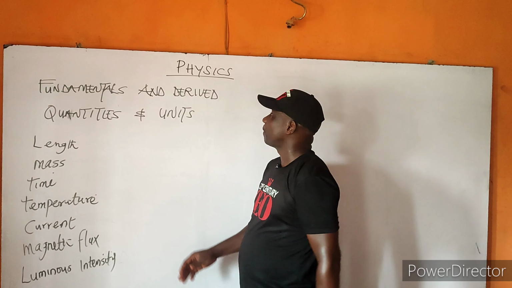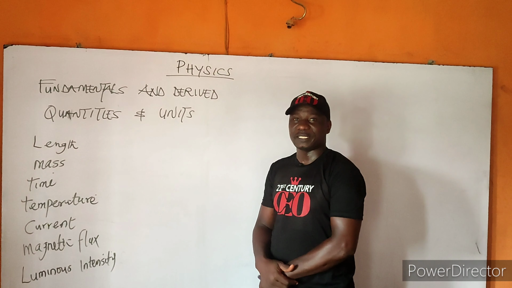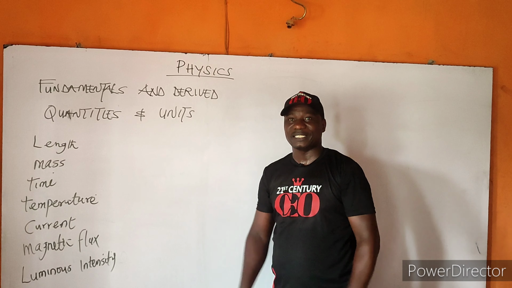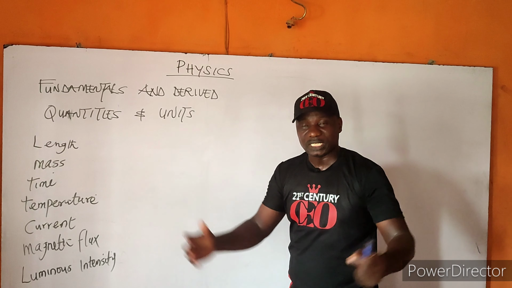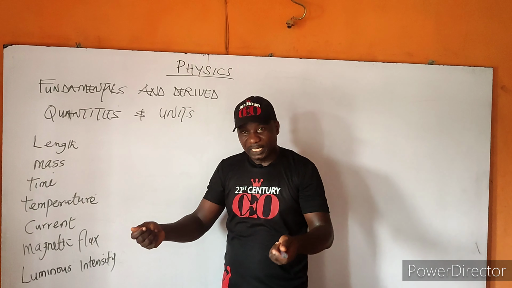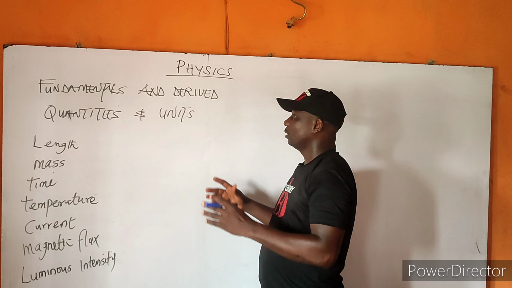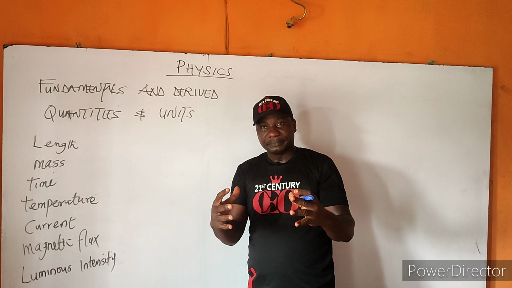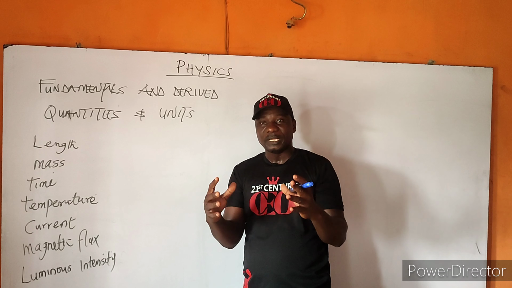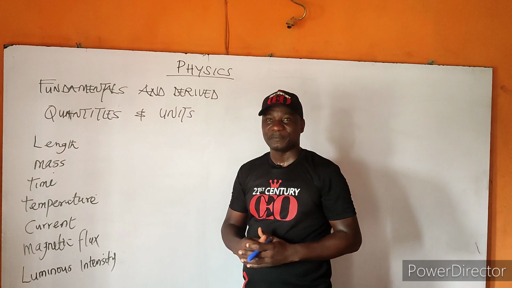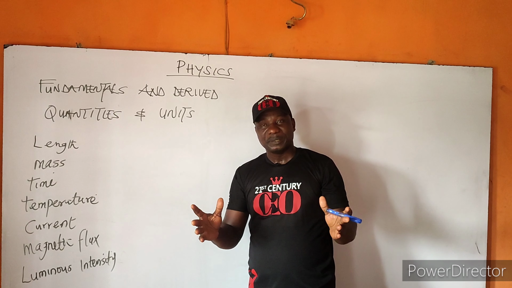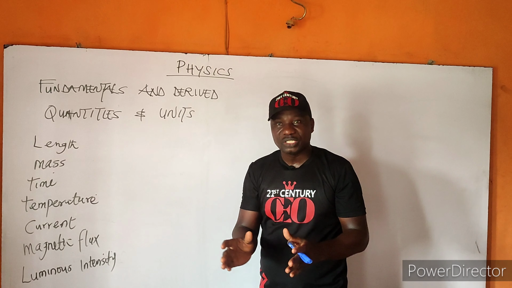All these are the fundamental quantities. On the other hand, derived quantities, as the name implies, are quantities we obtain as a result of bringing together fundamental quantities, either by multiplication or by division.